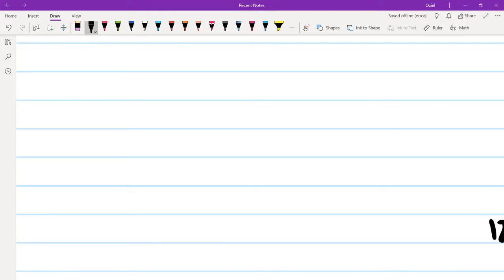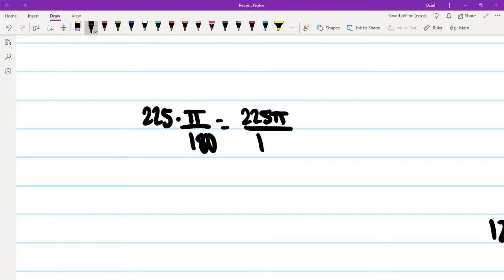And then if you have 225 times pi over 180, you would get 225 pi over 180. And I believe that that's divisible by 5. So you would do divided by 5.